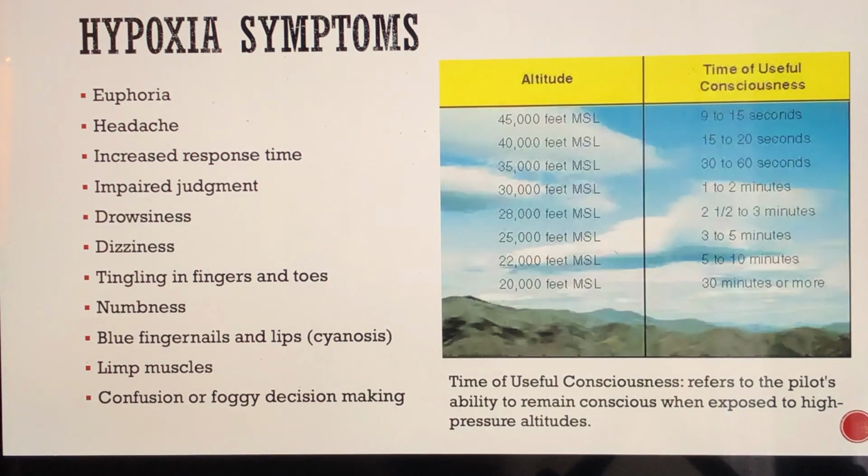At 20,000 feet, you're going to have at least 30 minutes or more of useful consciousness where the pilot is able to think clearly, have time to get to a lower altitude, but as you go up, you can see that 40,000 feet, 45,000 feet, it's down to 15, 20 seconds, or 9 to 15 seconds. There's not much time there, and it just shows you the drastic effect that altitude can have.